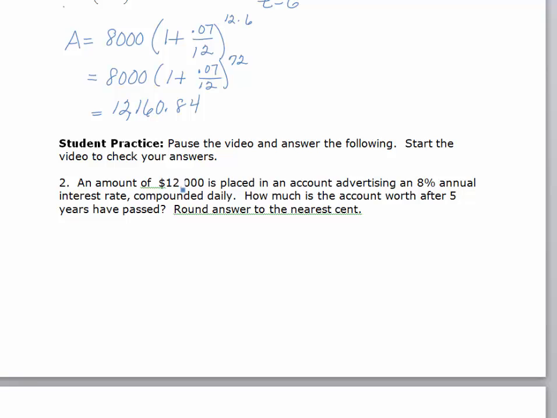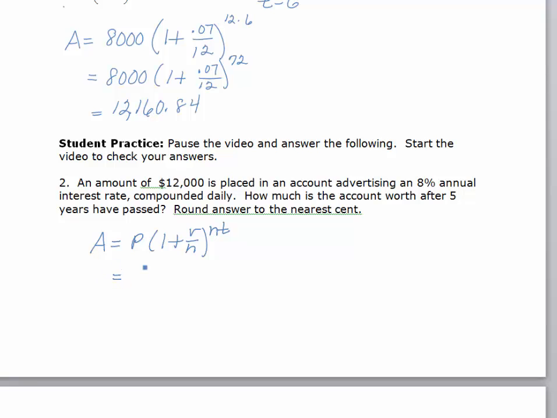Okay, so in this case, we've got a problem that is going to be compounded daily. We've got an amount of $12,000, 8% annual interest rate, and we want to know how much is in the account after 5 years. I'm first going to write down the formula, and I'm going to start identifying what my different values are.